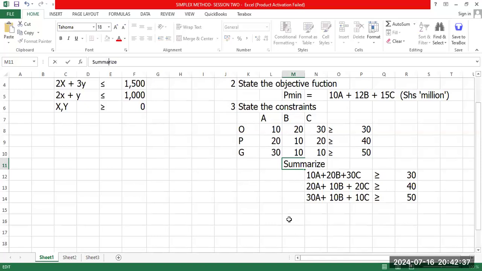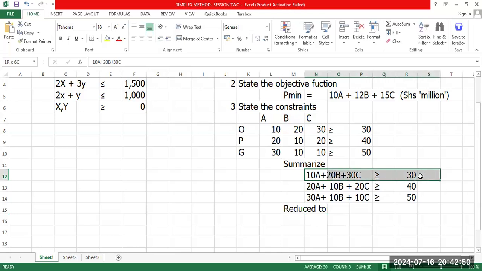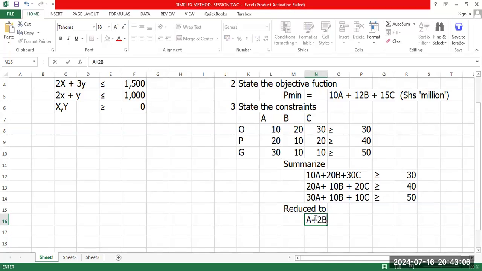That is your summary, which can be reduced, because when you observe, you can reduce this inequality by 10. This figure is divisible by 10, this is divisible by 10, this is divisible by 10, this is divisible by 10. So you can reduce. Someone can say this is A plus 2B plus 3C is greater or equal to 3.